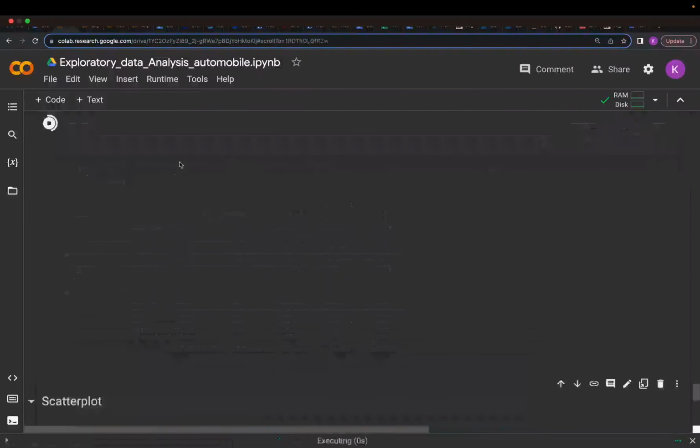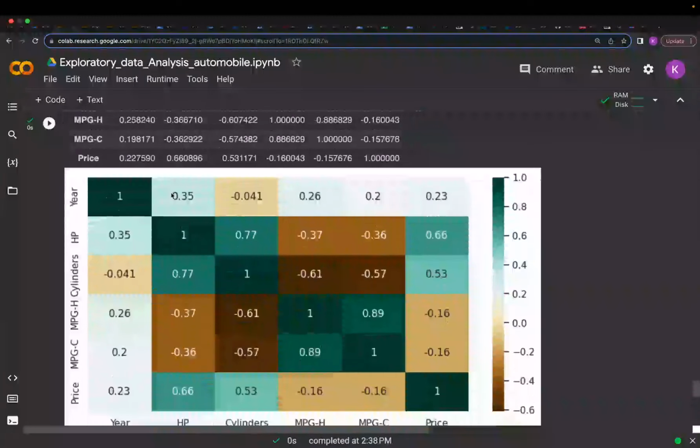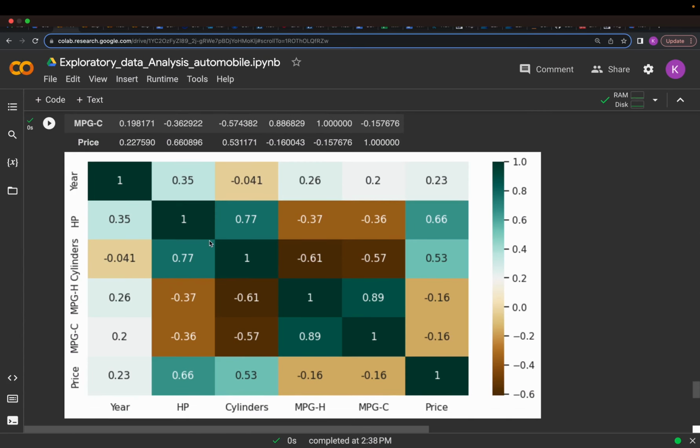So if I just run this, I will have a graph, what we call the correlation heat map graph, and you see that the diagonal elements are 1 because you are comparing against yourself, and the values are within the range of -1 to +1. So -1 means you have a correlation, but it's a negative correlation, and +1 means you have a positive correlation.